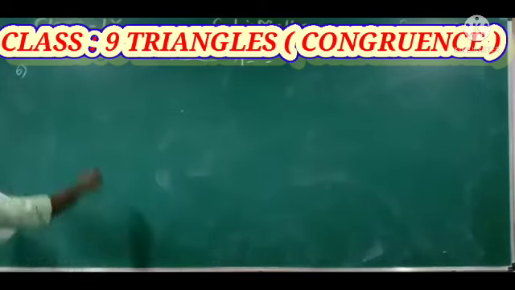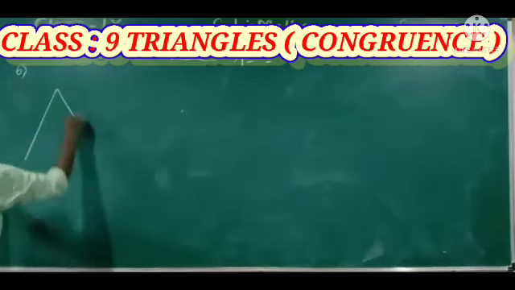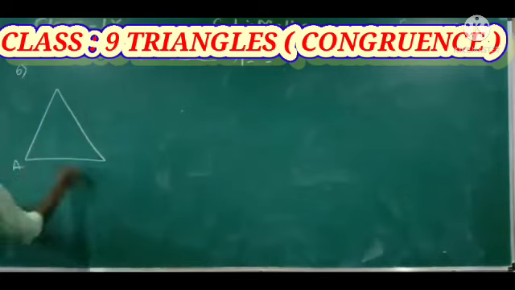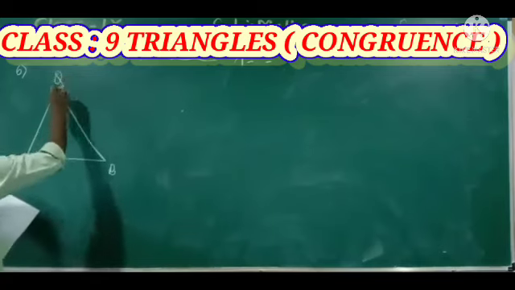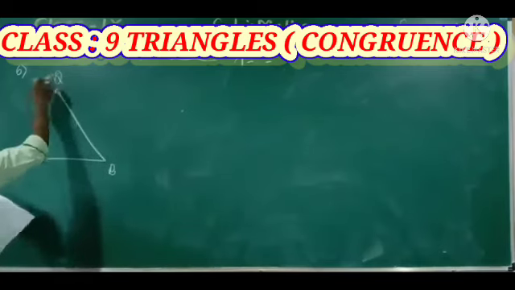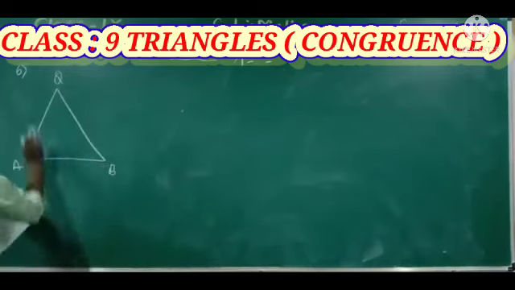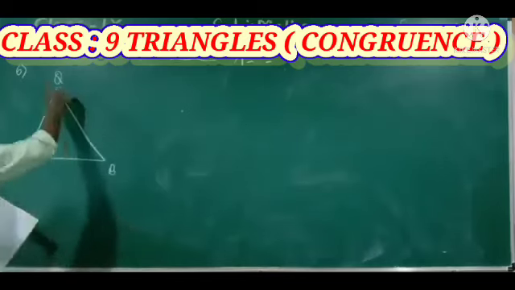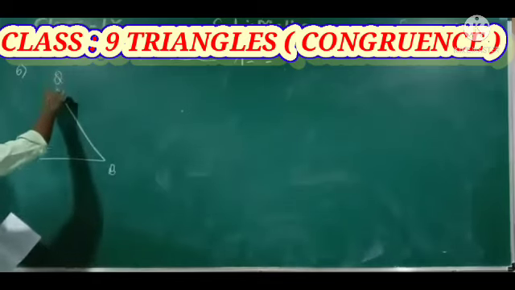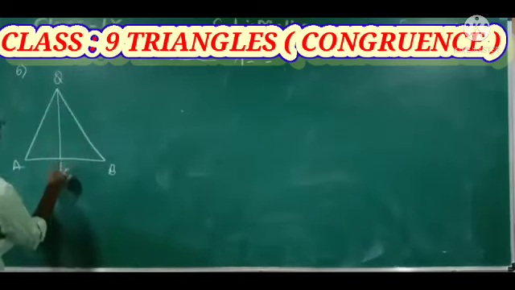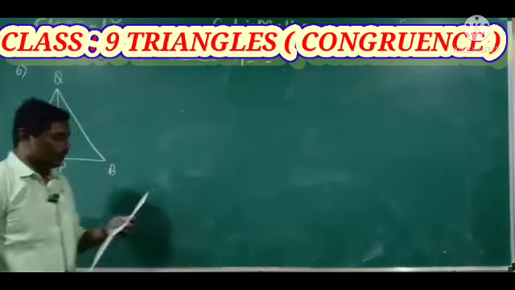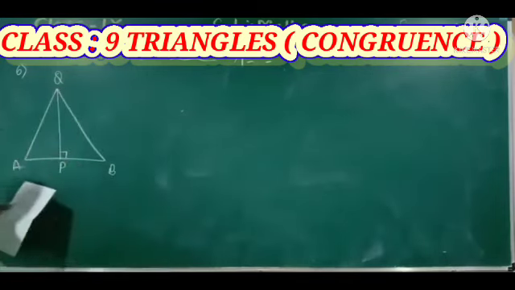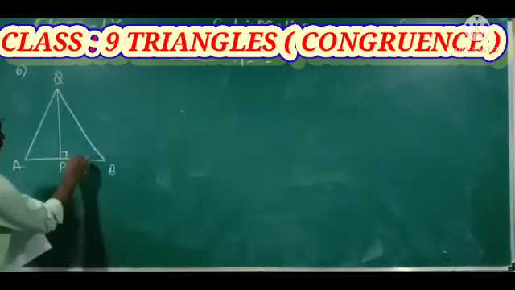Here AB is the base of the triangle and Q is the opposite vertex to the side AB. If I draw the line from the opposite vertex to the base of the triangle AB, PQ is the line here. PQ is a perpendicular line. PQ is a perpendicular bisector.